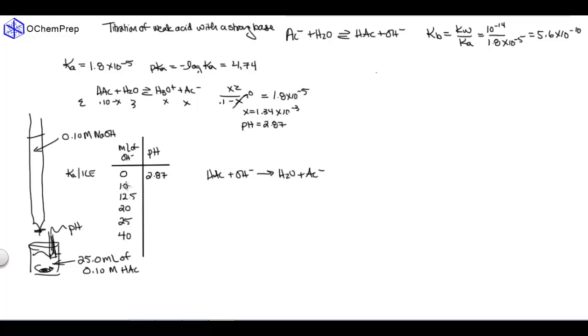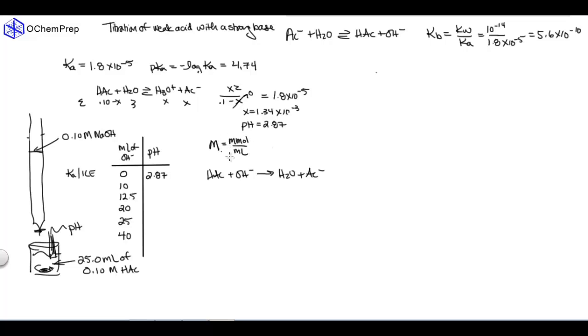Now, dump in 10 milliliters of our NaOH. Okay, now it's down to there. That was sort of cute. And so now we're going to use this stoichiometry chart to count our moles. Before we start, let's make sure we understand molarity is equal to moles per liter, but it's also equal to millimoles per milliliter.